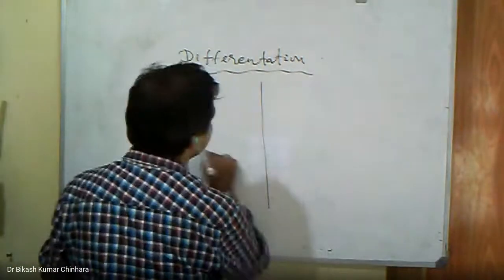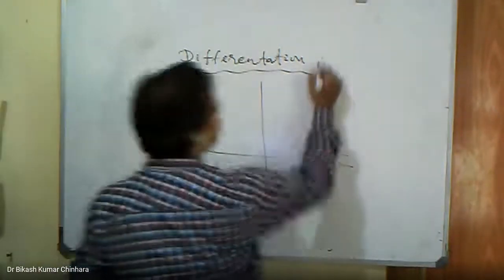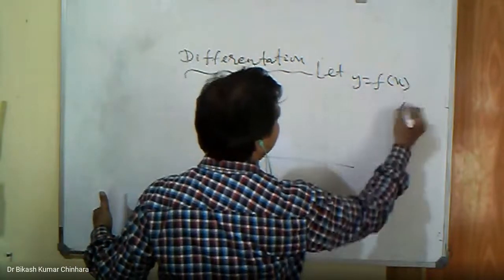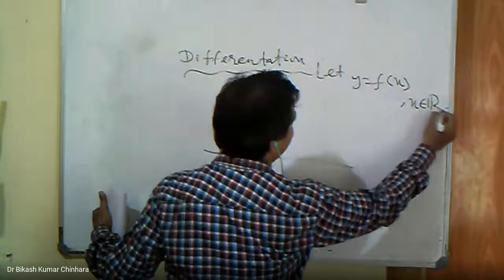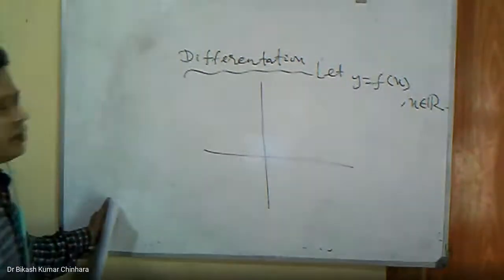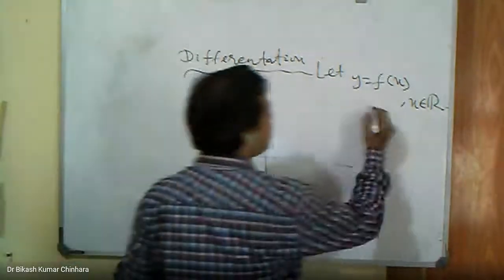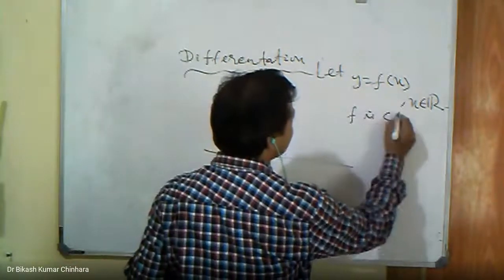Suppose I have a function. Let y equal to f of x and x belongs to R, and f is continuous. F should be continuous.